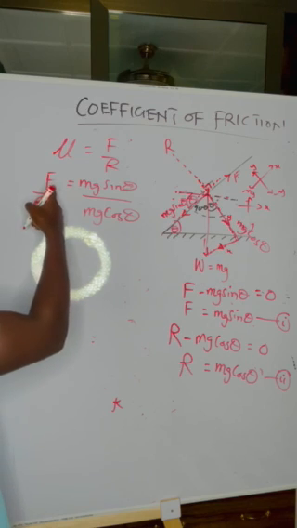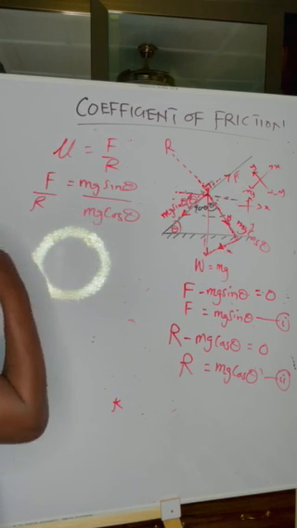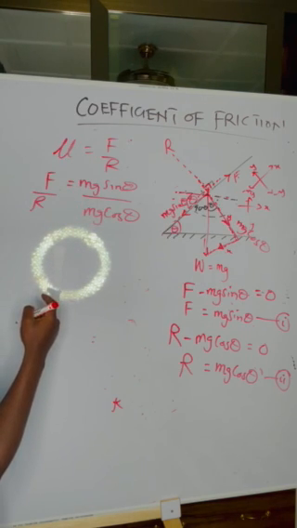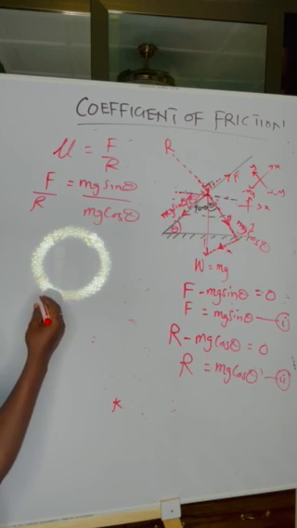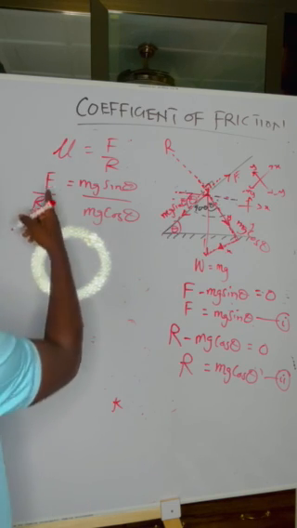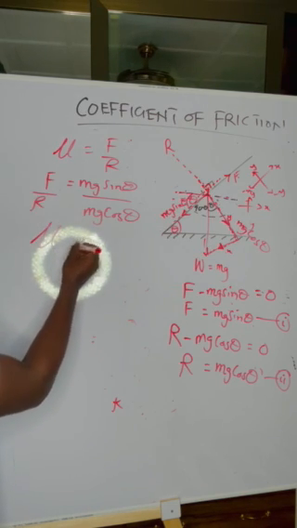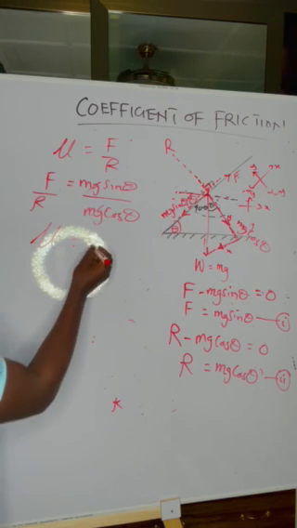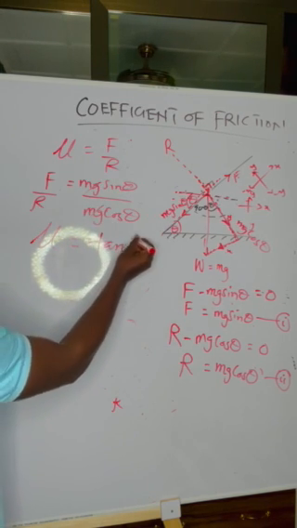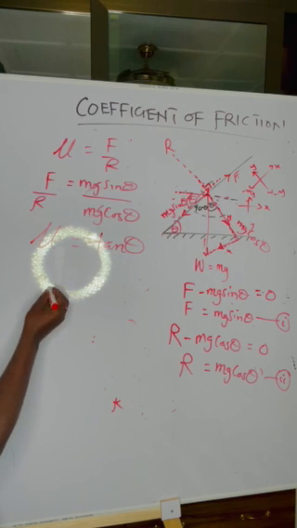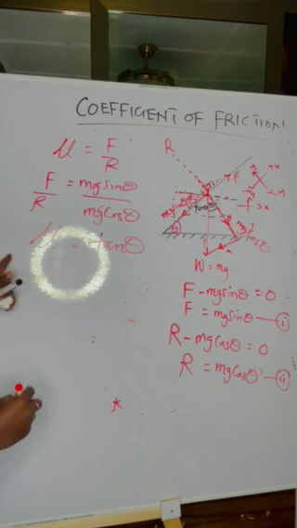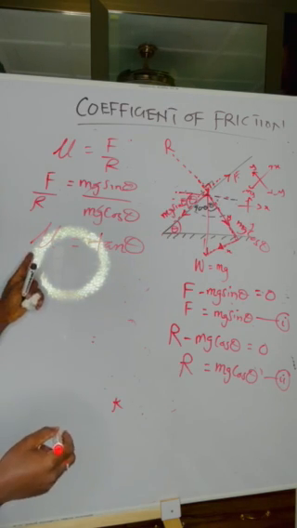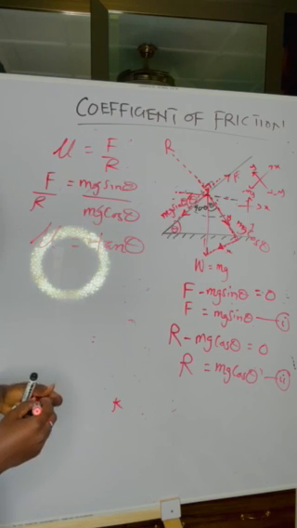Note that F over R is what we call the coefficient of friction, mu. This one will nullify that, and then sin theta over cos theta is equal to tan theta.